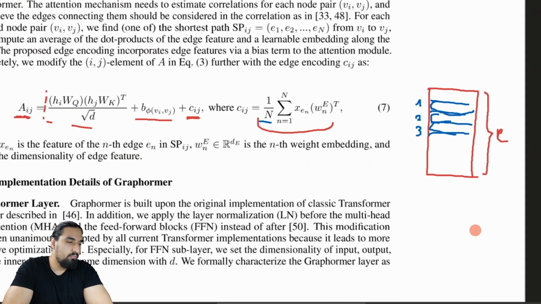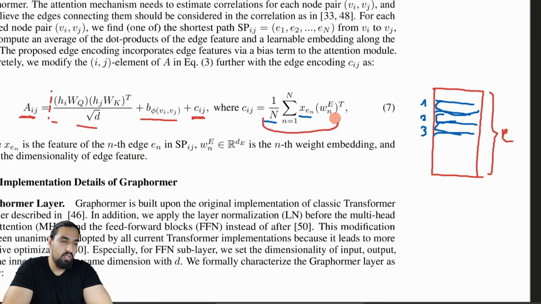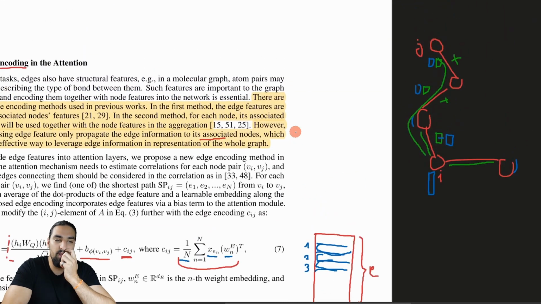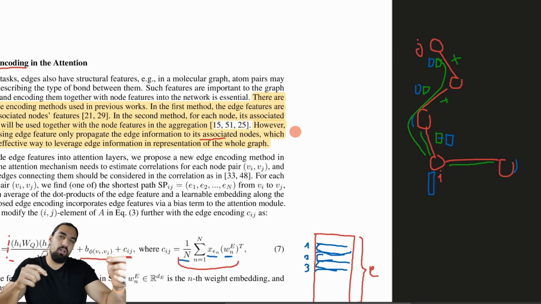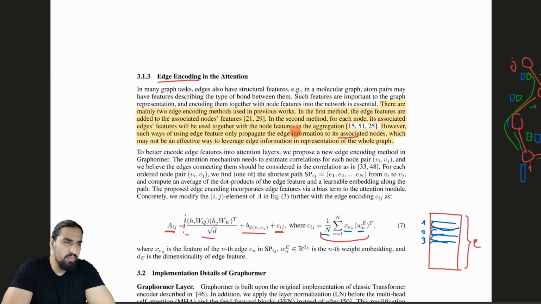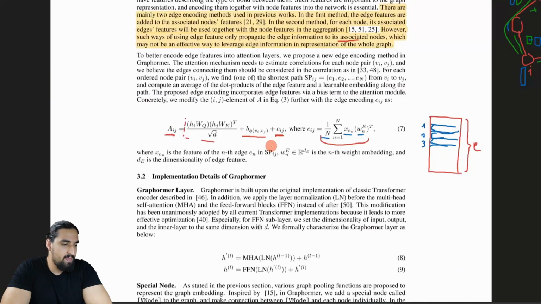So these are the learnable edge features, and finally we just sum them up and divide by n. That's it. Intuitively, what this does is we ingrain the edge information between I and J along the shortest path, and they show in the ablation studies later that this helps boost the performance of the Graphormer model.